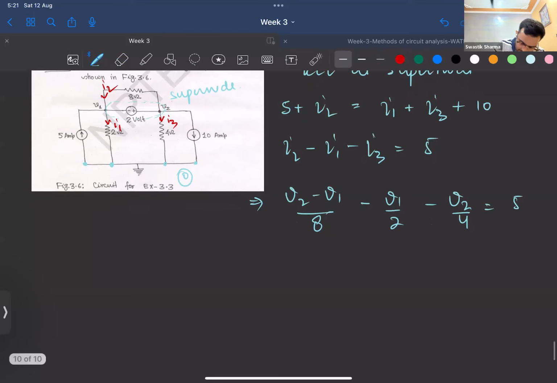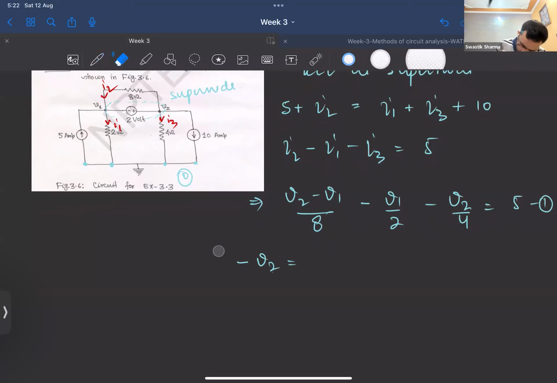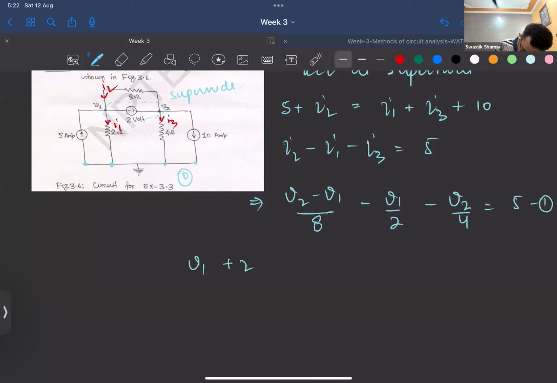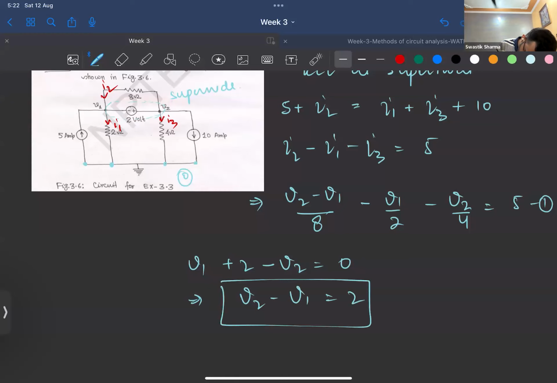And now apply KVL as well. So V1 plus 2 minus V2 is equal to 0. That means V2 minus V1 equals 2, right? Two equations, two variables.